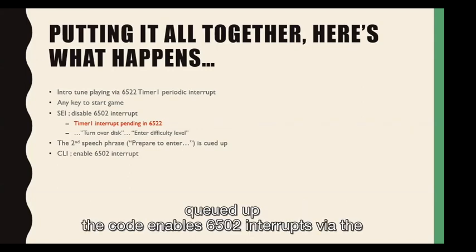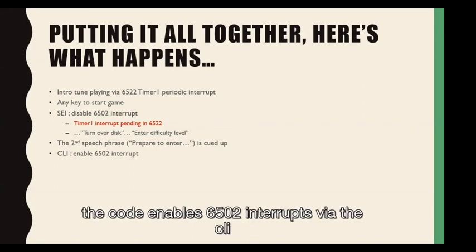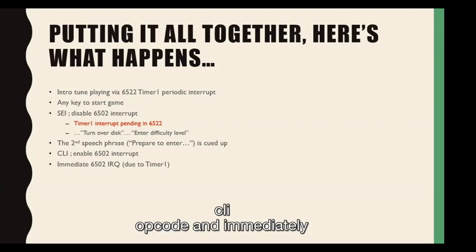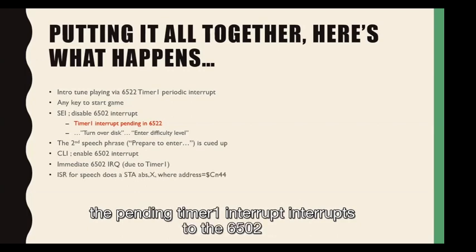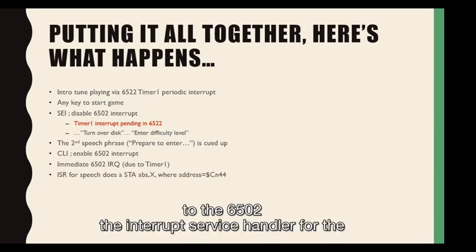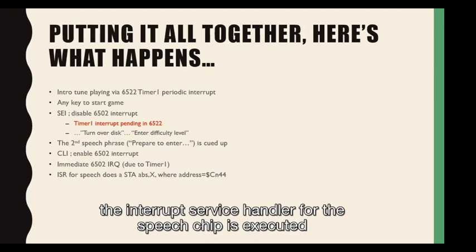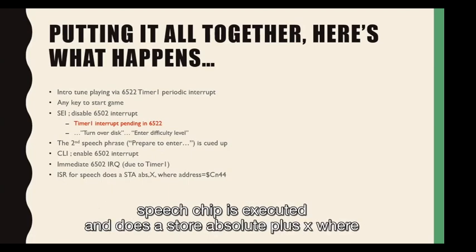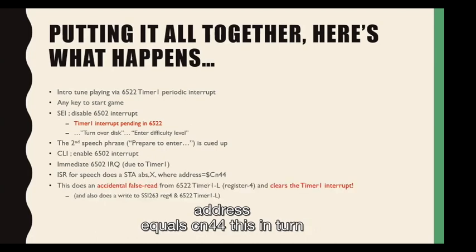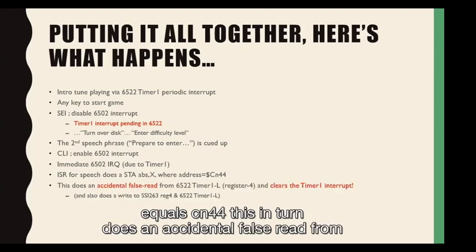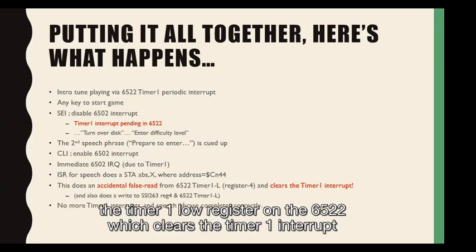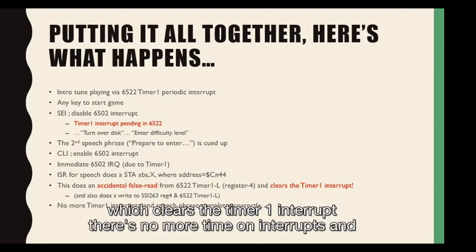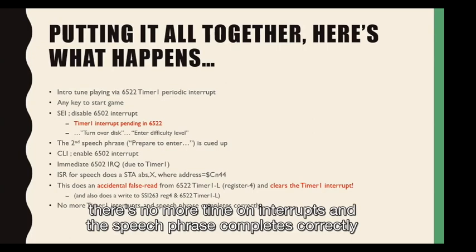The code enables 6502 interrupts via the CLI opcode, and immediately the pending timer 1 interrupt interrupts to the 6502. The interrupt service handler for the speech chip is executed and does a store absolute plus X, where address equals CN44. This in turn does an accidental false read from the timer 1 low register on the 6522, which clears the timer 1 interrupt. There's no more timer 1 interrupts, and the speech phrase completes correctly.